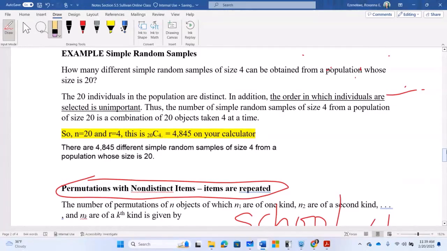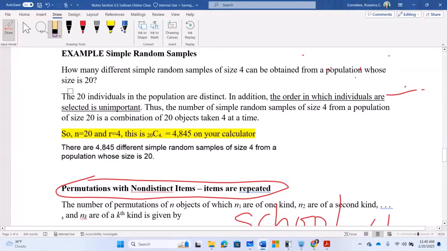Thus, the number of simple random samples of size 4 from a population of size 20 is a combination because order is not important. So now we know it's a combination, and all we have to do is type in 20 combination 4 in our calculator and get the answer.